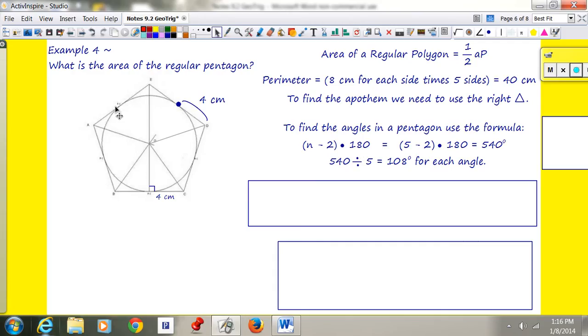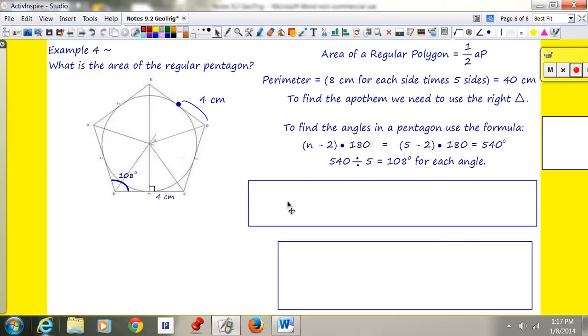So all 5 angles, A, B, C, D, and E, add up to 540 degrees. If you divide by 5, each angle is going to be 108 degrees. So you can see that angle is 108 degrees.